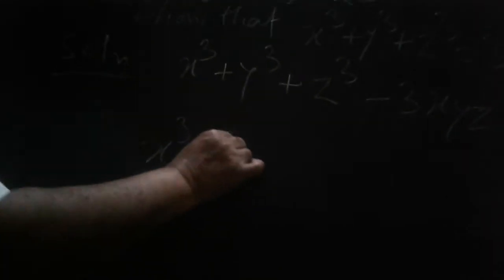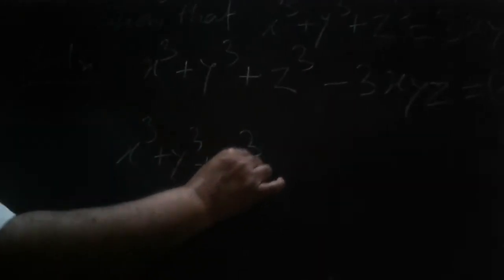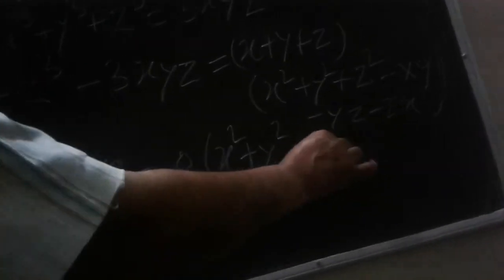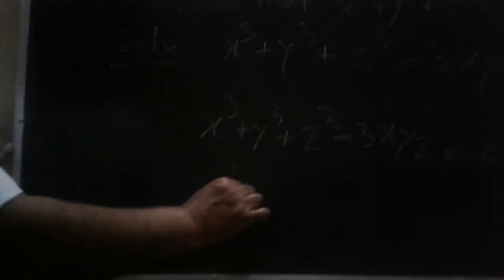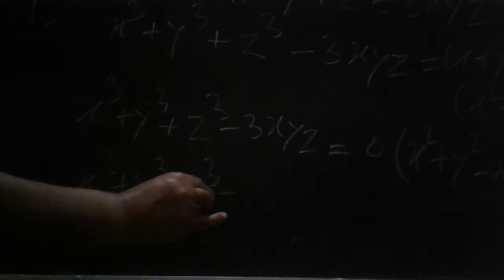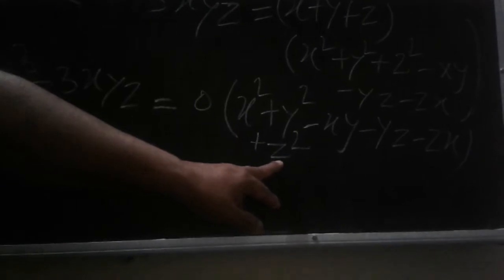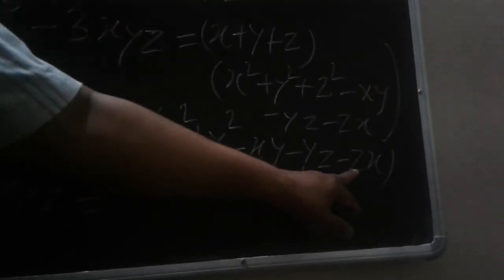Then we put it: x cube plus y cube plus z cube minus 3xyz equals x plus y plus z, which is 0, times the bracket x square plus y square plus z square minus xy minus yz minus zx.